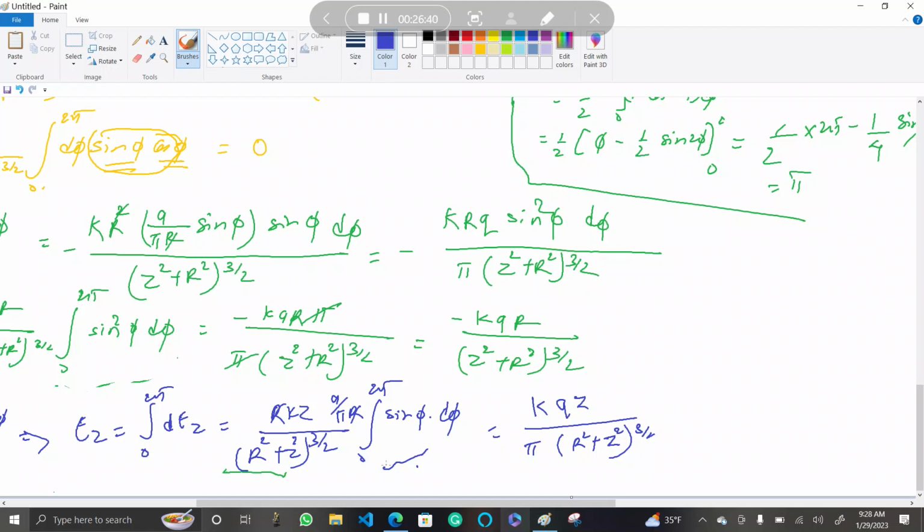This component is 0 because it is the integration of an odd function, which gives 0.